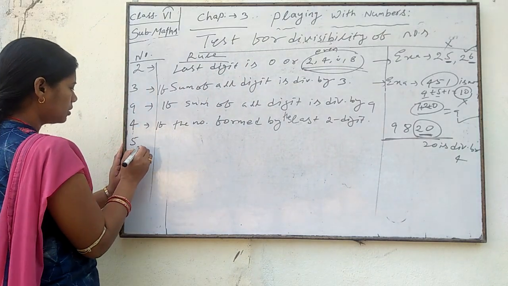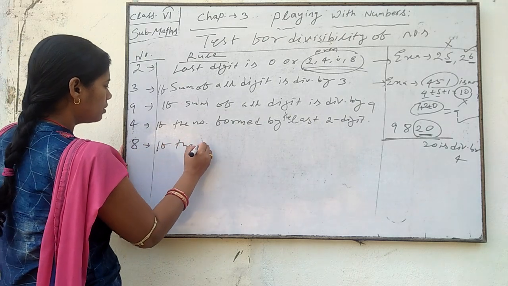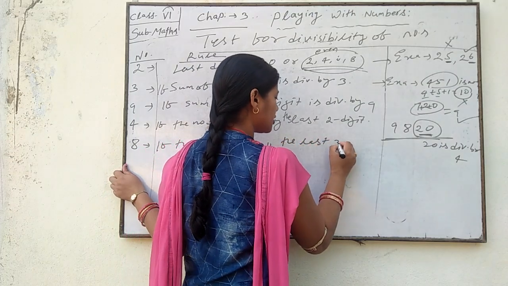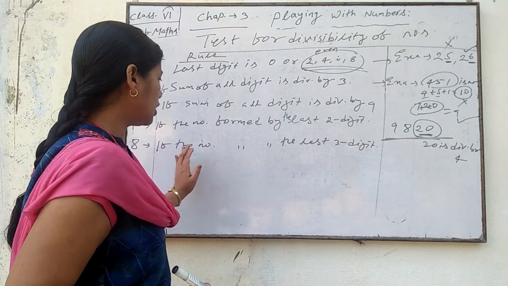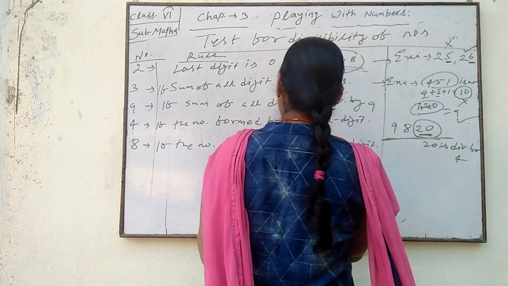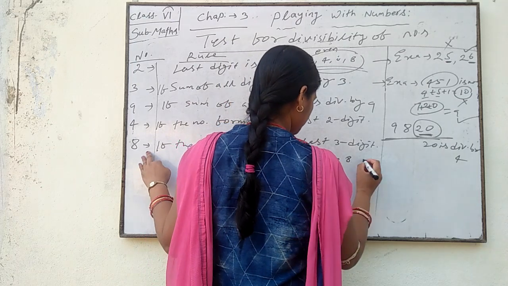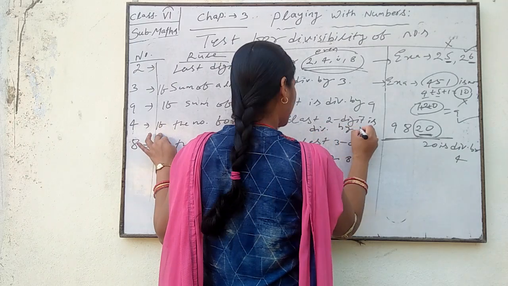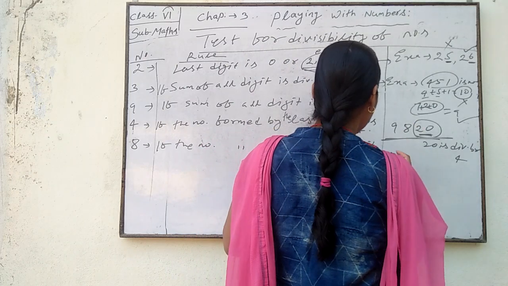Now, 4 and 8 work the same way. If the number formed by the last 3 digits is divisible by 8, then the number is divisible by 8.